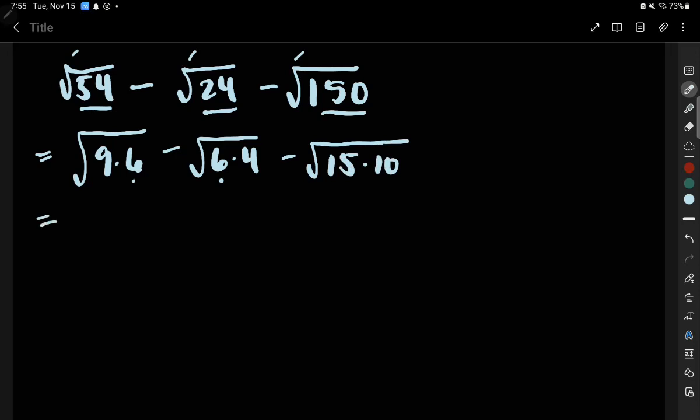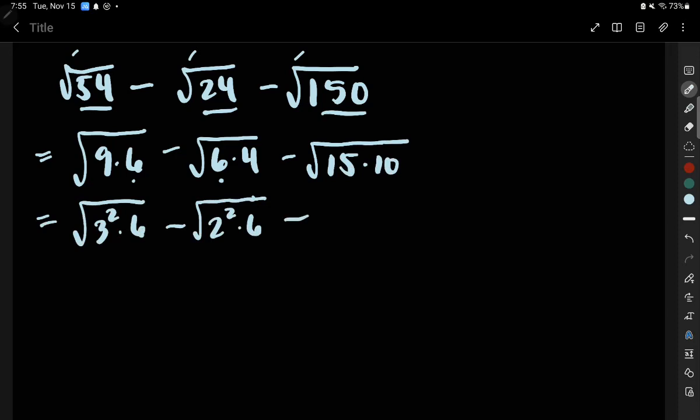So next, we are going to write the 9 as 3 squared times 6. Here is 4 times 6. The 4 can be written as 2 squared, so I'll just rearrange it and write the 2 squared first.